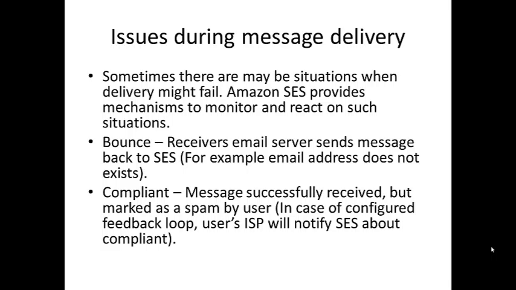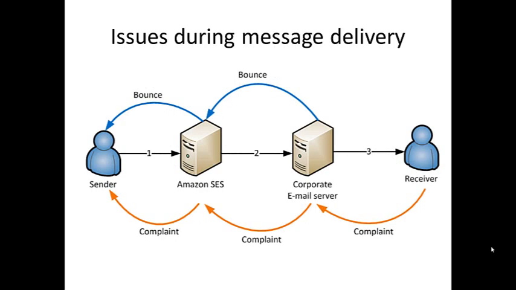In case of a configured feedback loop with the user's ISP, who hosts his email server, that ISP will notify SES about the complaint, and SES will notify us, the SES user, that there was a complaint on the specified message.